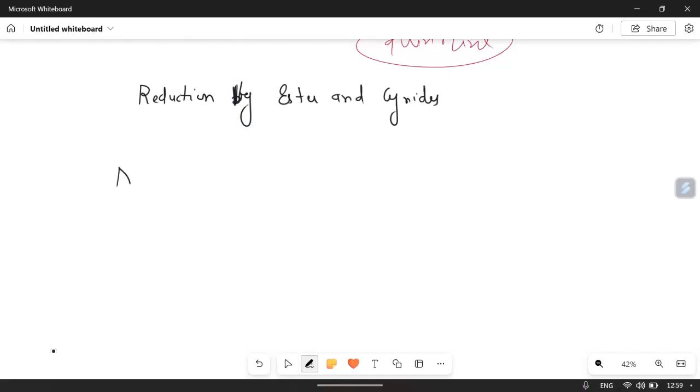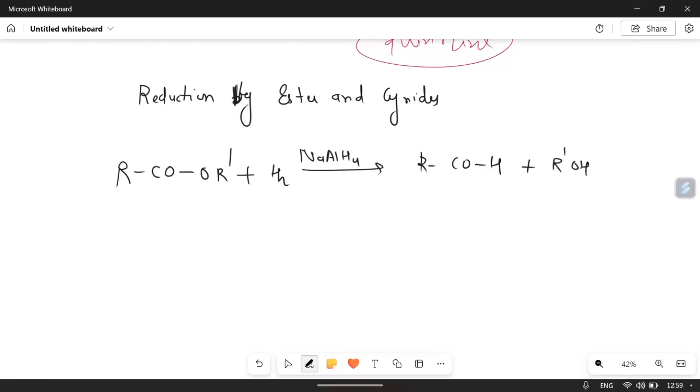What you need to do, take an ester RCOOR' plus H2 in the presence of NaAlH4 gives RCHO plus R'OH. Okay, so you will get the aldehyde.